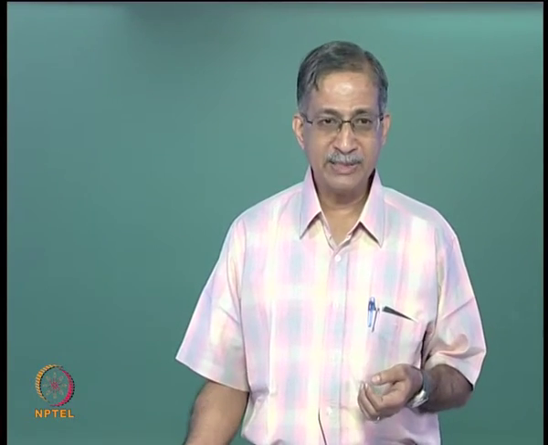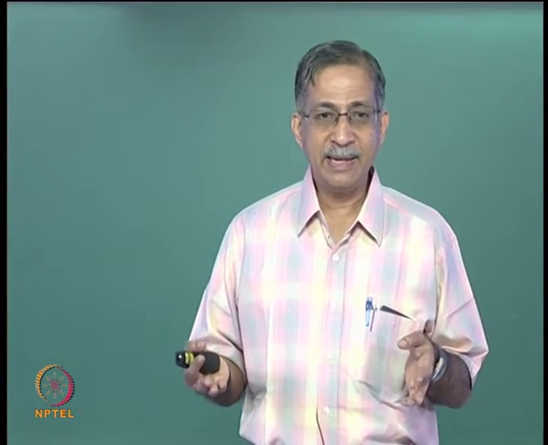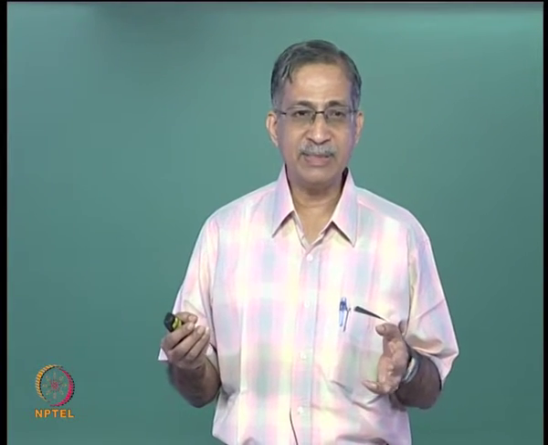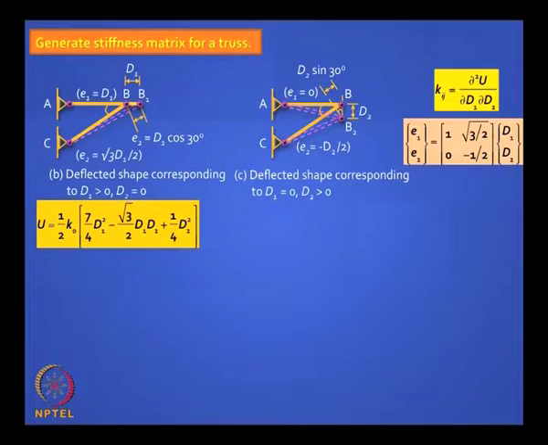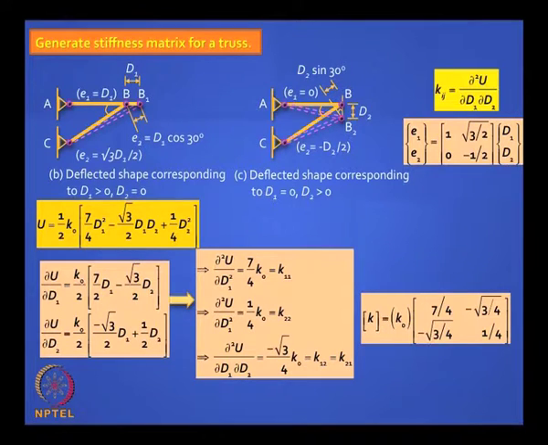So you have elongations here, so it is half k, let us say both the elements have the same stiffness k naught, half k naught into E1 squared plus half k naught into E2 squared. E1 is equal to D1 plus root 3 by 2 D2, and E2 is equal to minus half D2. If you plug in those values, you can write an expression for u in terms of D1 and D2. Is it clear? I am going fast, you can verify this.